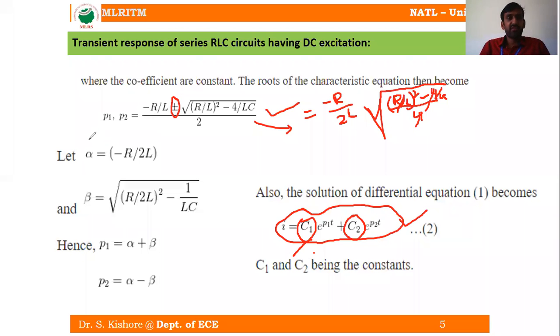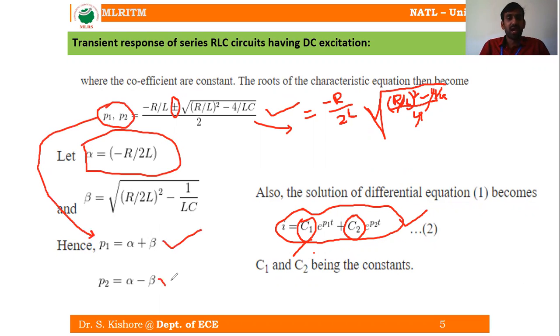So if you consider alpha for simplification purpose, alpha is equal to minus R by 2L and beta is equal to root over R by 2L whole square minus 1 by LC. We are having roots as P1 and P2. So from this we can write P1 as alpha plus beta and P2 as alpha minus beta, where the alpha and beta values are defined here.